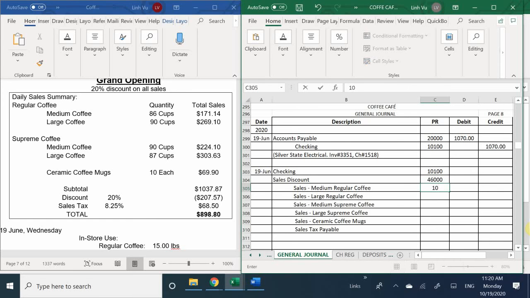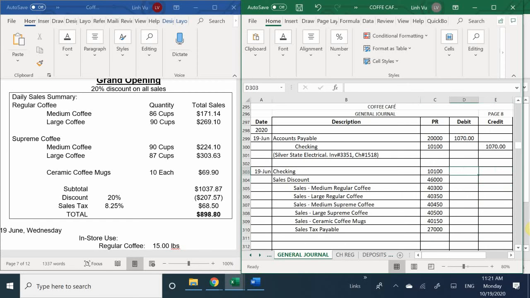Sales medium. Oh yeah, you're right. It's 4,300. This one's 4,350. This is 4,450, 4,500, and 4,150. And sales tax, 27,000. Yep.